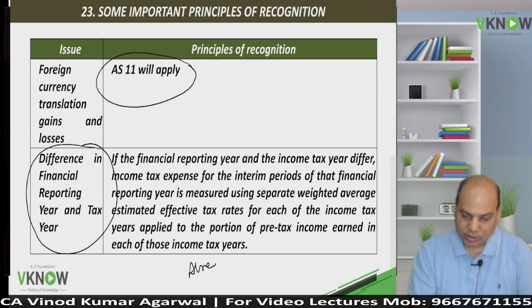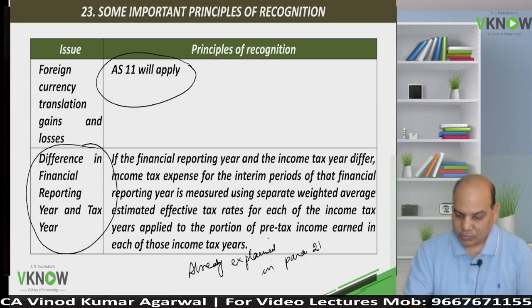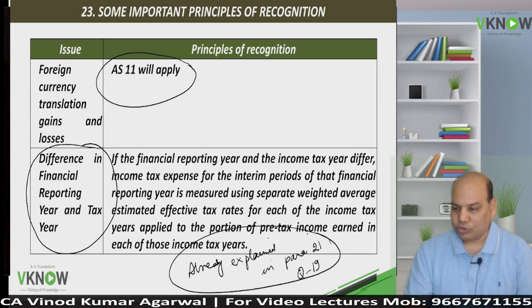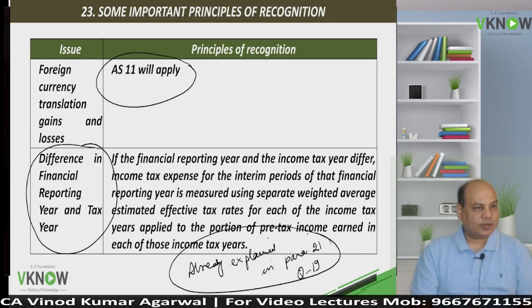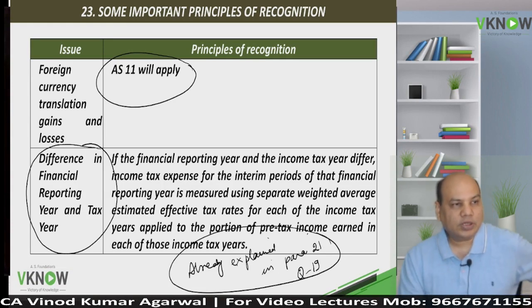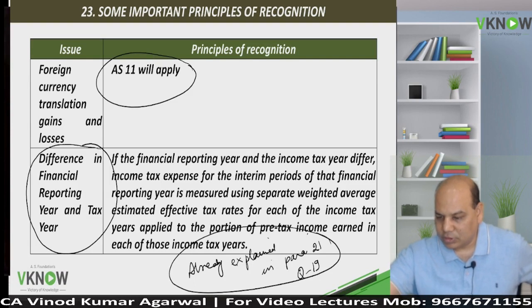Already explained in para 21 and question number 19. So you can read the previous page, para 21, question 19, where we have explained the concept of difference in tax year and accounting year.